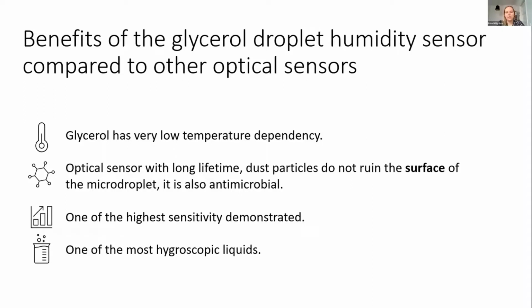It goes into the volume of the droplet, and therefore it does not ruin our resonators. It could happen anyway that there's so much dust that it becomes a problem, but a little dust does not influence. And it is one of the highest sensitivities demonstrated, as it is a very hygroscopic liquid.